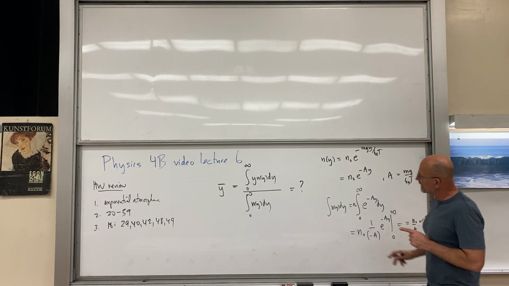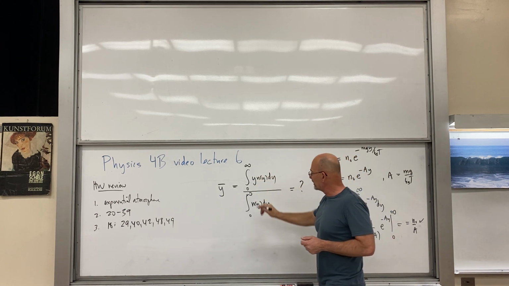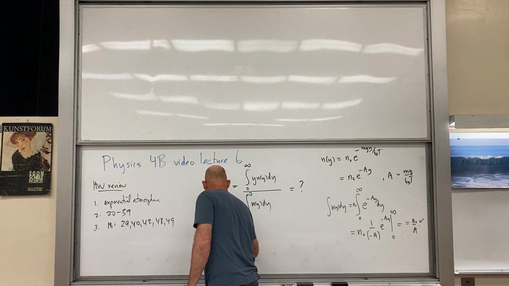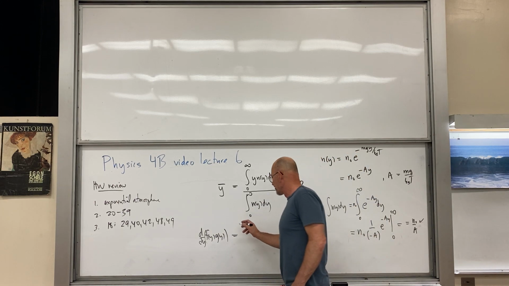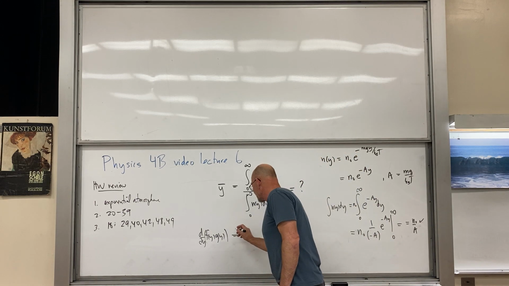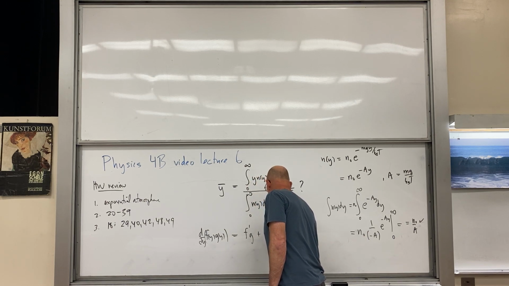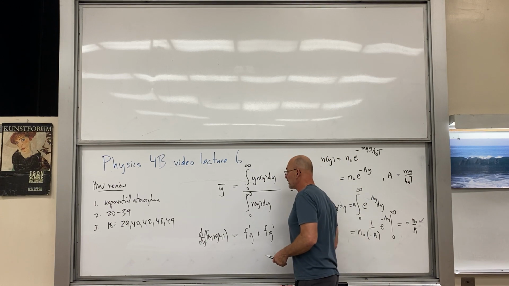Now, as far as the numerator, you have to do the integration by parts. Let me just remind you, if you had d dy of f of y, g of y, I'm just going to derive the integration by parts formula and then explain it there. So you'd have f prime g plus f g prime, and you integrate both sides of this expression.